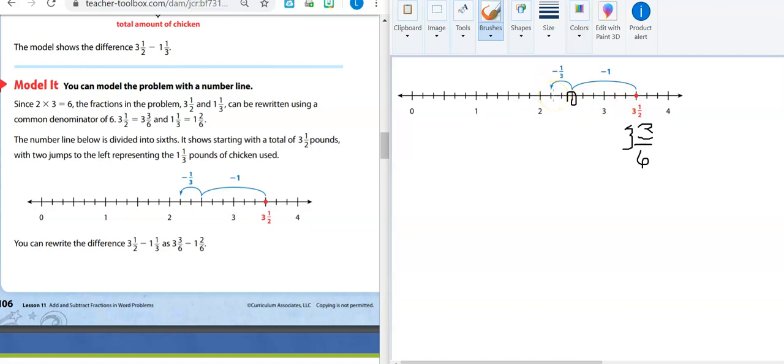So let's go ahead and write that down next to our 1/3: 2 over 6. So we know that those equal the same thing. And that lands us right here.